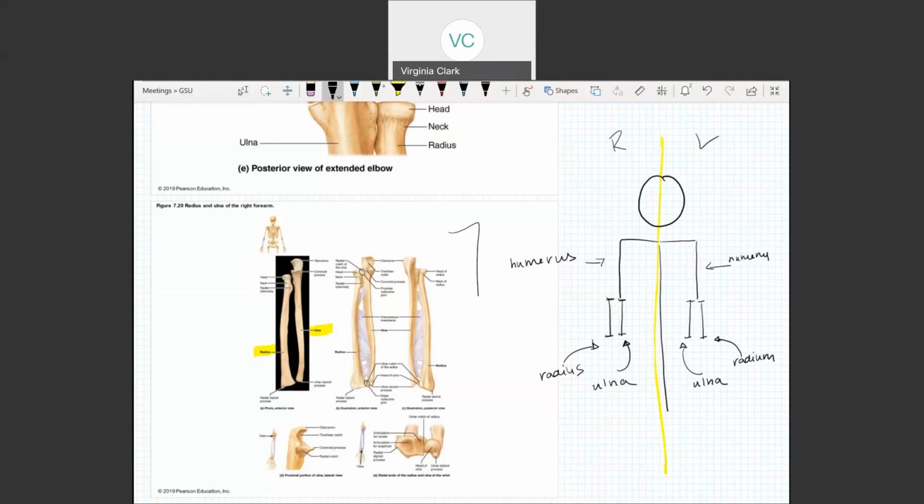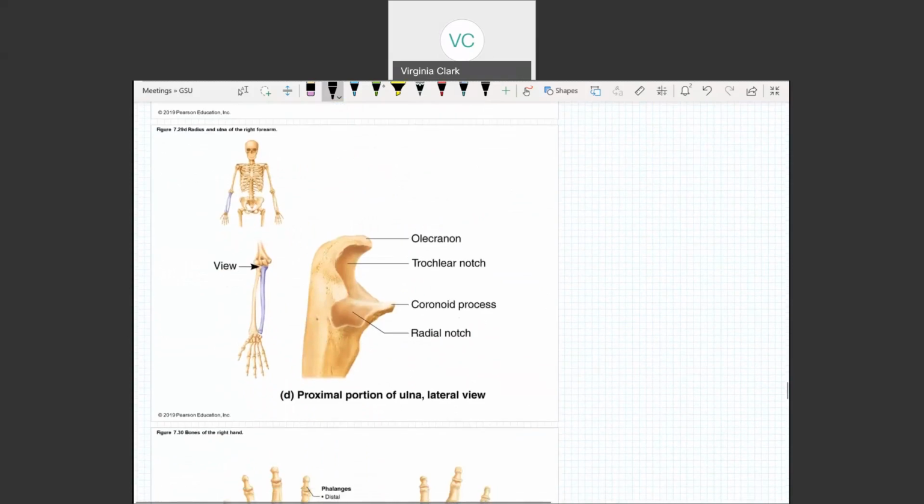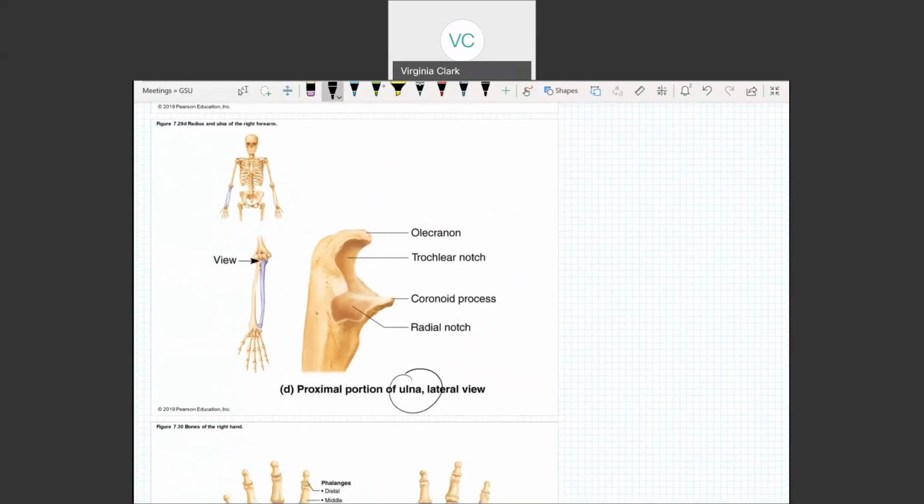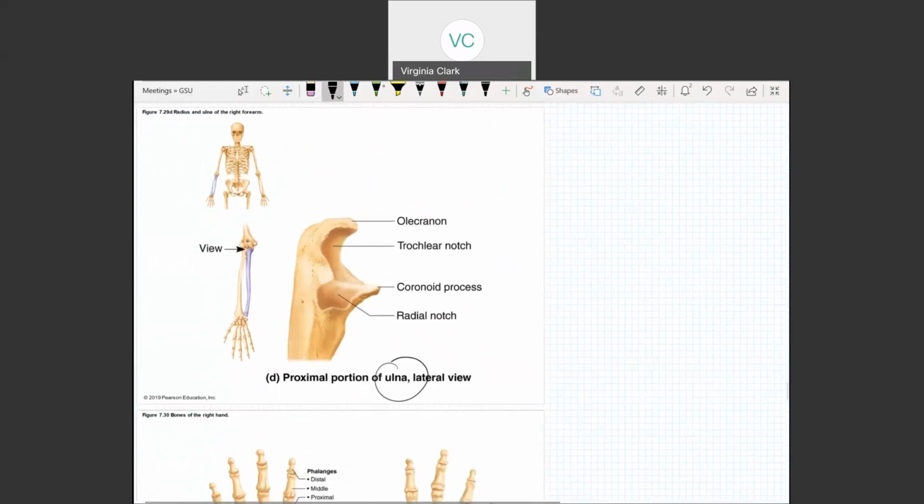You do need to know all of these pieces as well. This is really cool because this is your ulna, and it actually creates a U shape at the top. That U shape connects to the base of your humerus, and it allows your bone to be able to move. So that is how you can bend your arm.